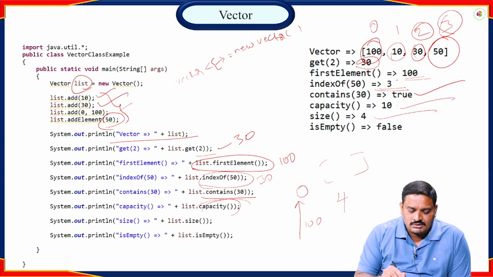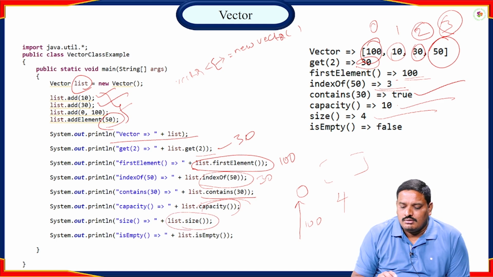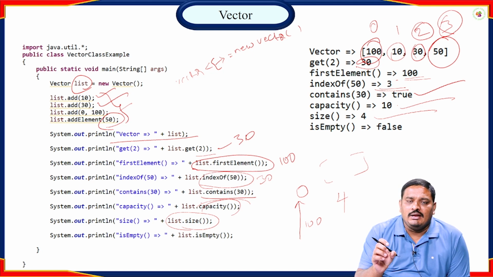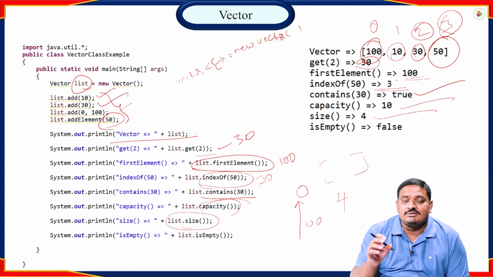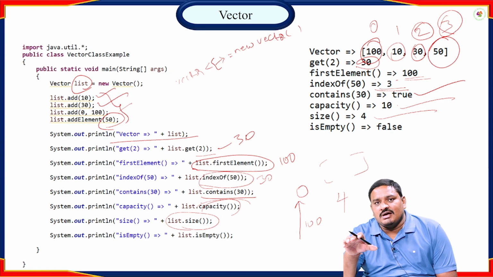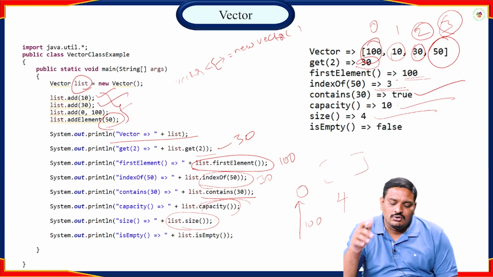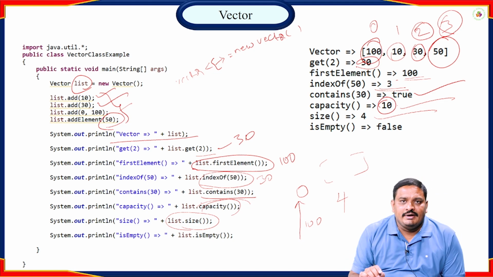If you are not assigning the size of the list, it will be treated as size 10, so the capacity of 10 will be displayed.